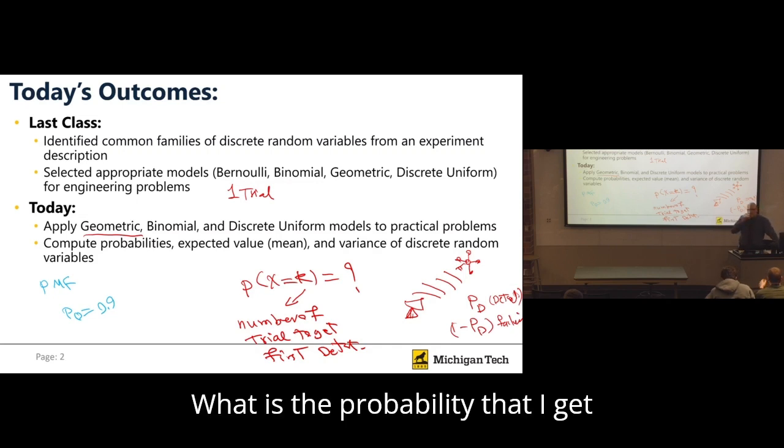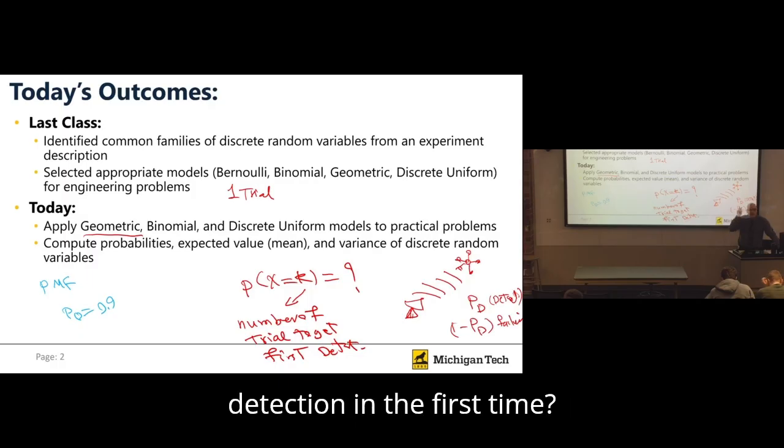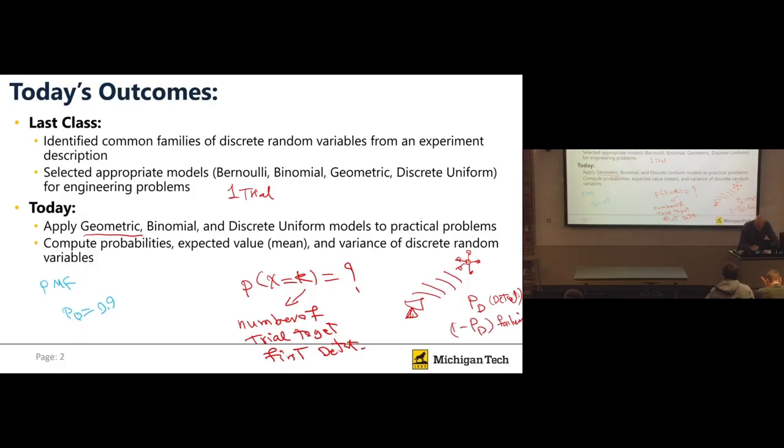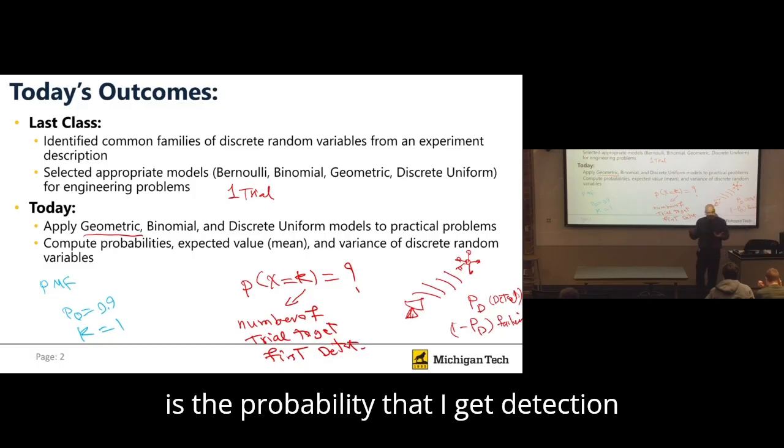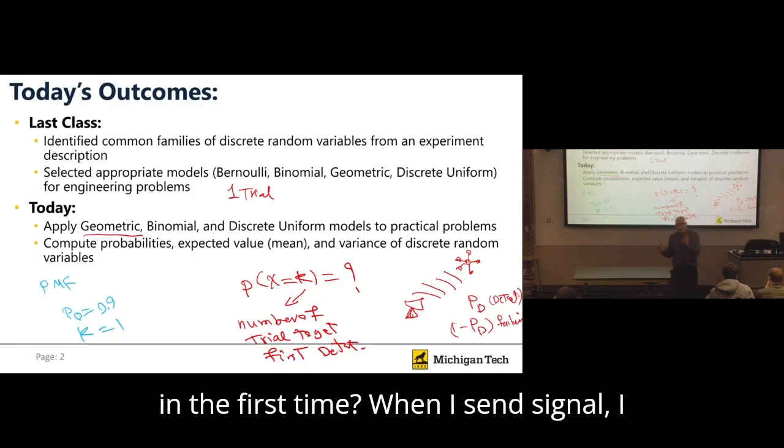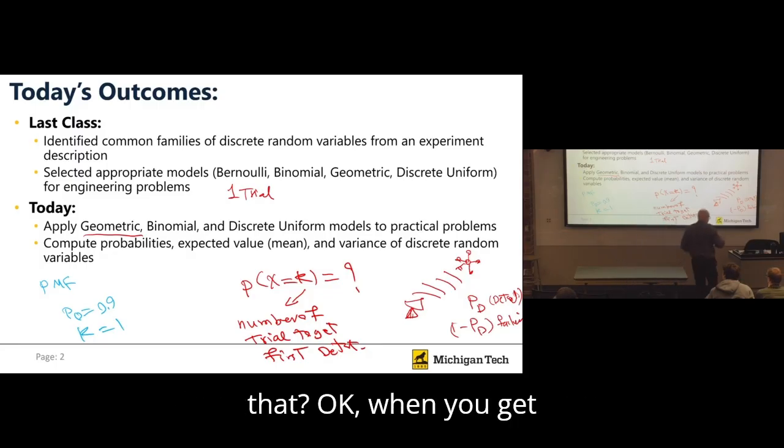What is the probability that I get detection the first time? K equals 1. When I send a signal, I detect it. What is the probability of that?